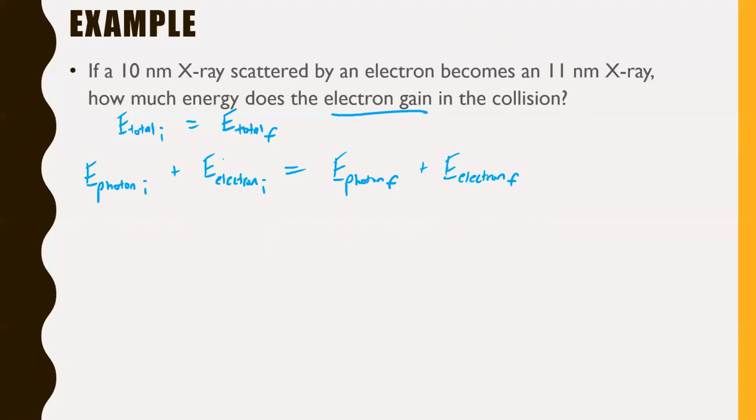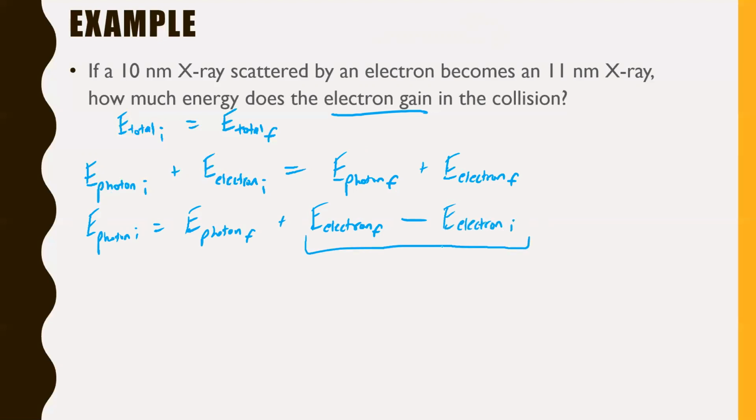So if I move this initial energy of the electron over to the other side, I could say the energy of the photon initially is equal to the energy of the photon final plus the energy of the electron final minus this thing that I just minused over, E electron initial.